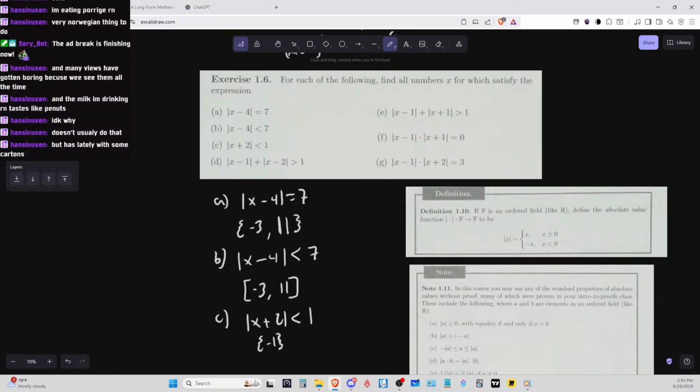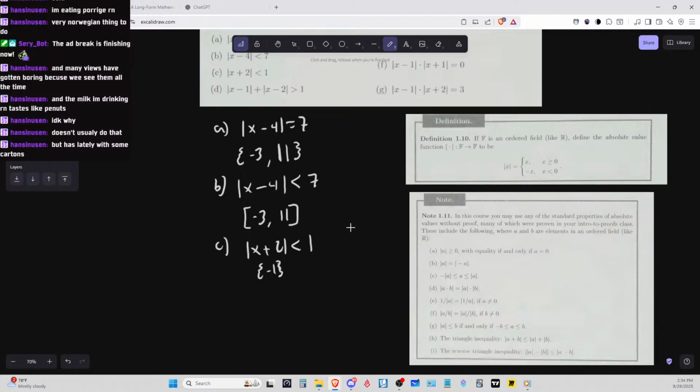Let's see. Cold, eating porridge right now. Very Norwegian thing to do. And many views have gotten boring because you see them all the time. The milk I'm drinking right now tastes like peanuts. Don't know why. Maybe you have to check the milk. But hopefully it's not spoiled milk or anything.